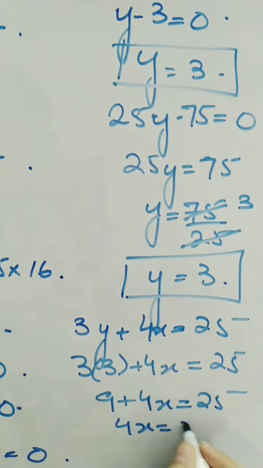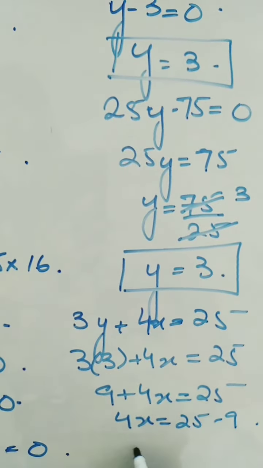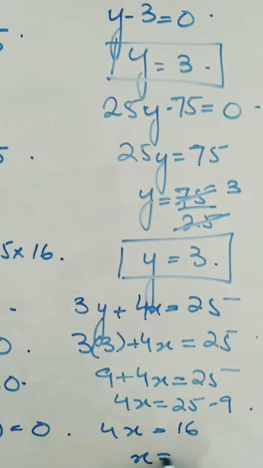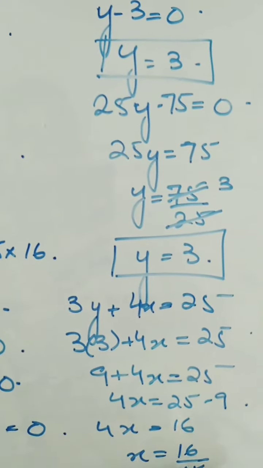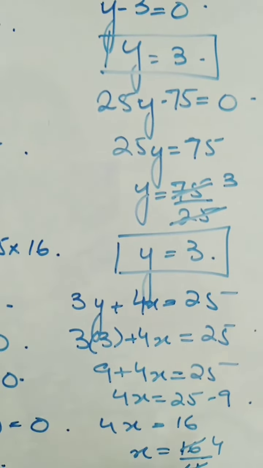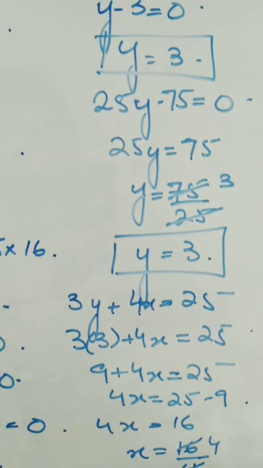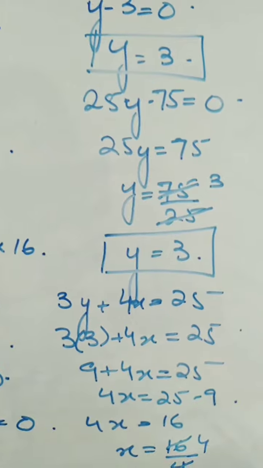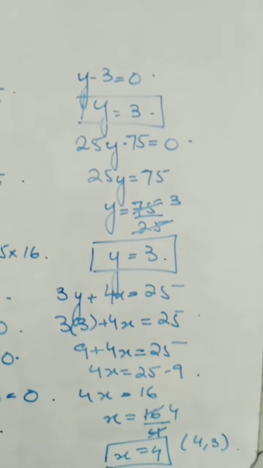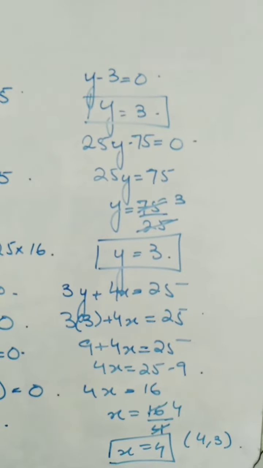Now we have 25 minus 9, or 16, or we have x is equals to 4. So we have 4, 3 as our point of intersection for the given equations.